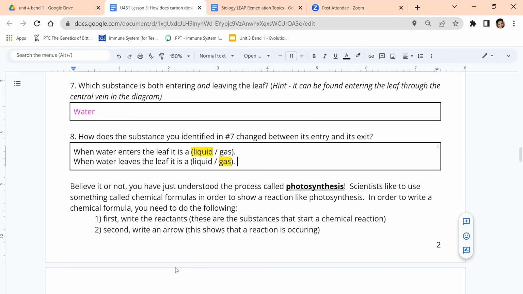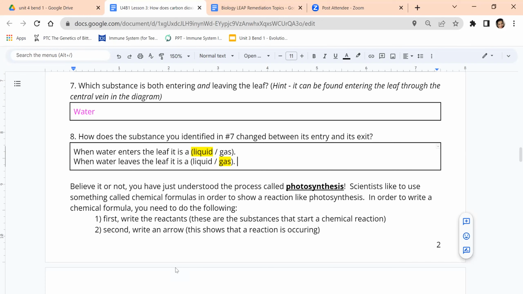But scientists like to use chemical formulas in order to show reactions like photosynthesis, because photosynthesis is a chemical reaction taking place in the leaves of plants inside the chloroplast.